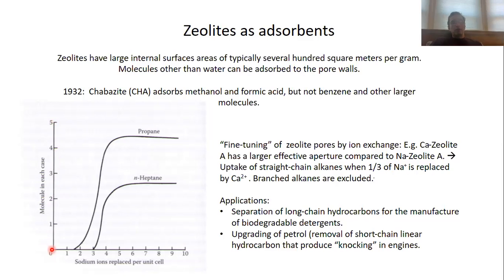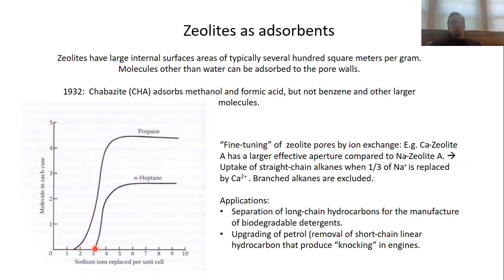Okay, now you see that as the number of calcium ions increases, the pores all of a sudden allow the uptake of propane, but not yet the uptake of heptane.